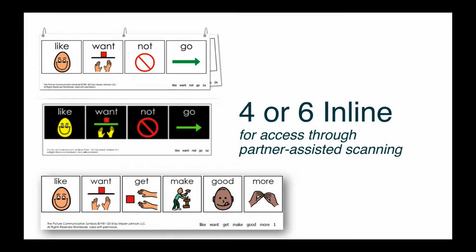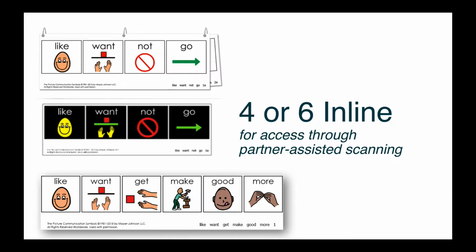The 4 or 6 inline format shows 4 or 6 symbols in a row across 9 or 6 pages. This format is designed to support access through partner-assisted scanning. A high contrast version is available for students with visual impairments. Adults point to and say the name of each symbol from left to right.